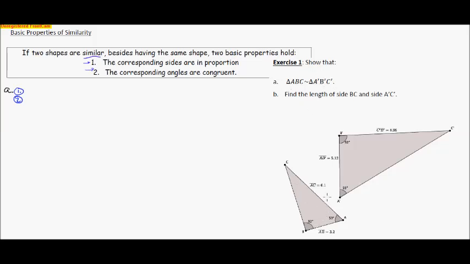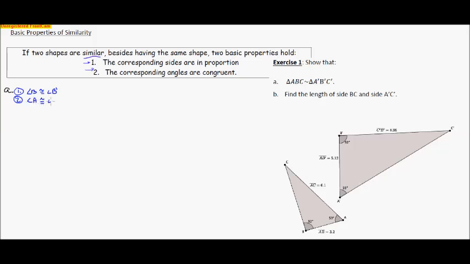So, looking at the two triangles, I'll go through this rather quick because we've done this before. I can see that angle B is 92 degrees and angle B prime is also 92 degrees. So there's one set of angles that are congruent to each other. And angle A is 59 degrees and angle A prime is 59 degrees. So there's another.